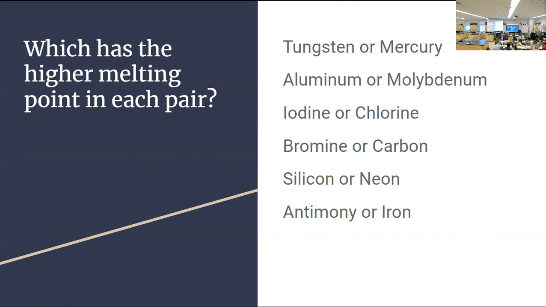Mercury is a liquid. Why does that help us? Anyone else have any ideas on why mercury being a liquid would help us recognize that tungsten has a higher melting point?